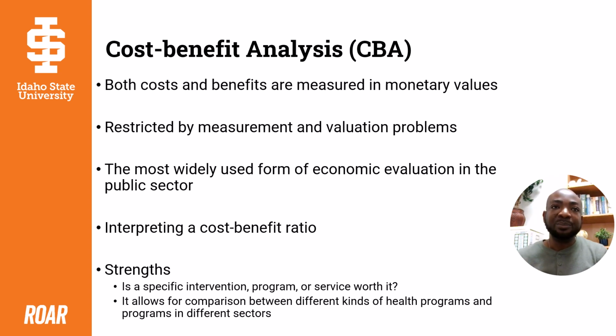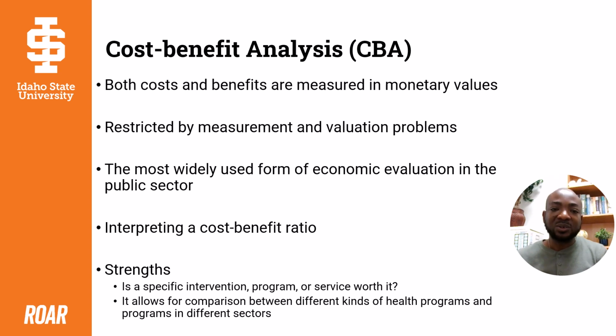Imagine that a hip replacement costs the health service $5,000 and produces benefits of $7,000. Subtracting cost from benefits reveals a positive net benefit of $2,000. So the hip replacement is judged to be worthwhile, and the intervention should therefore be carried out.